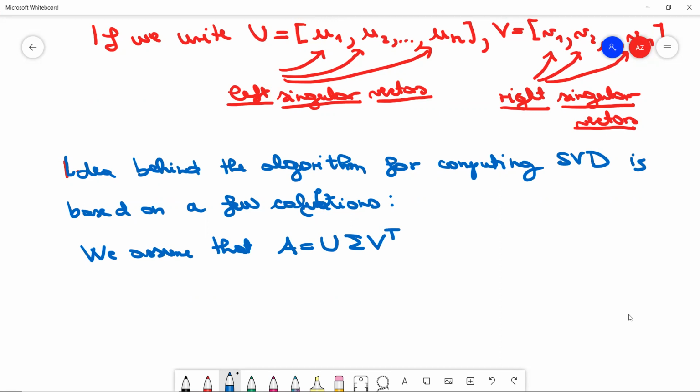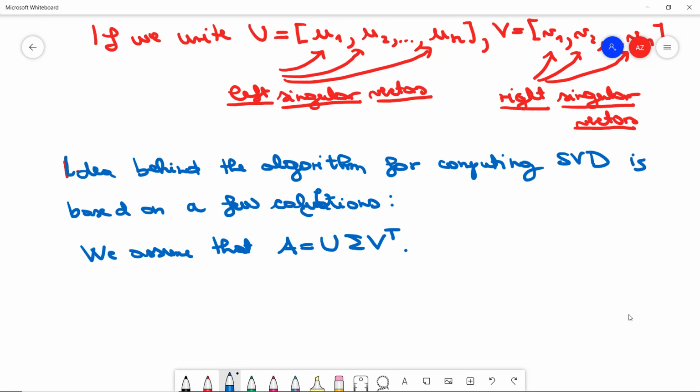Now we are calculating the candidates for U, sigma and V transpose, and the following calculations will give us an idea how to get sigma, how to get U, and how to get V. So you can think of U, sigma, and V as unknowns. But we require that U and V are orthogonal, and sigma is diagonal. So we assume that A is the product of those three matrices.